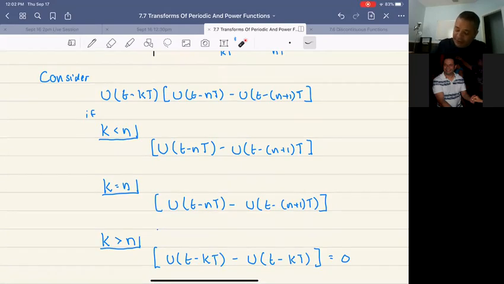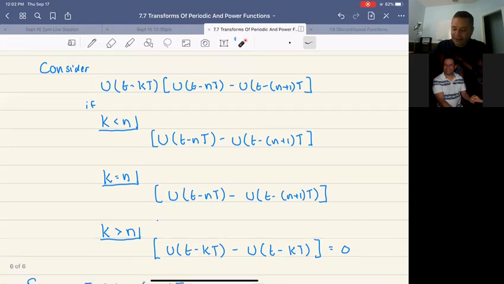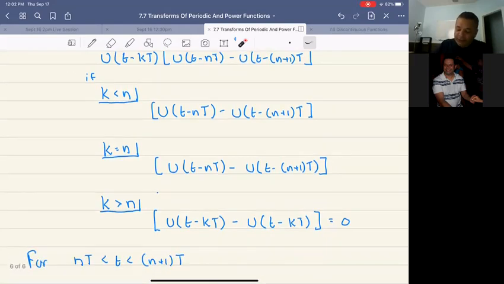So you still get a window function. Let's take a look at k equals n. Well, when k equals n, then you're going to be left with the same step function. So that one's fine. This one, n plus 1, is still larger than k. All right, so you're going to be left with this.